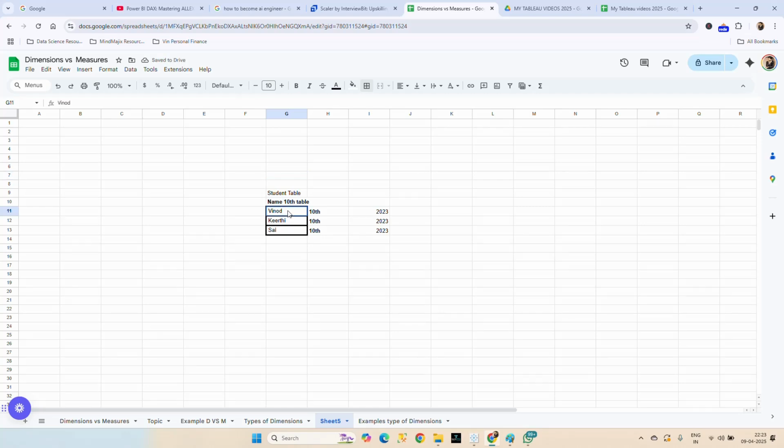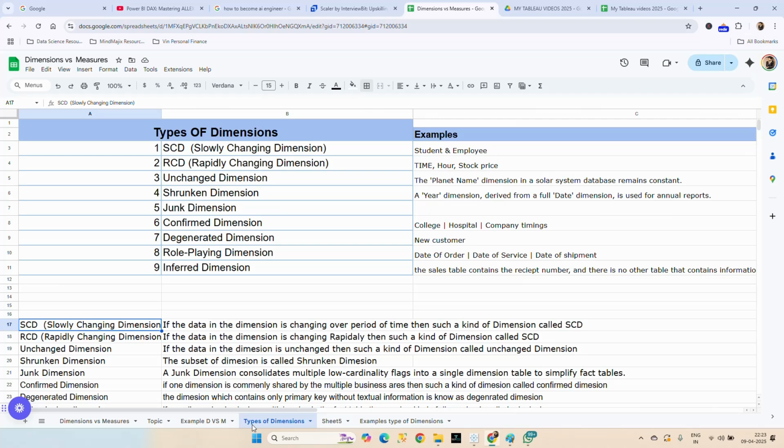So these students are changing into another table in 2024, right? So this is a slowly changing dimension. Under SCD, dimension values or dimension fields change slowly. I hope you are understanding.